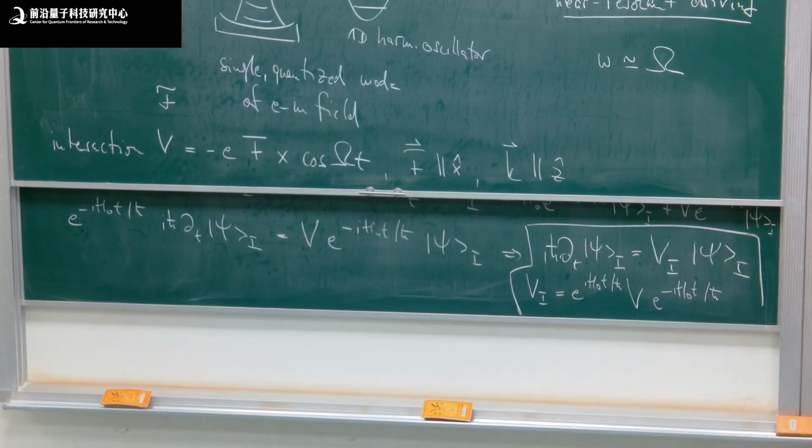Okay, and so this now you essentially use, and you identify this part here with H0, and then you apply this transformation. Then you have to do a little bit of operator algebra.